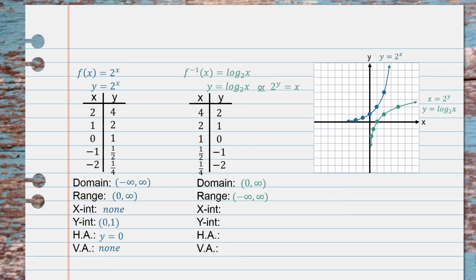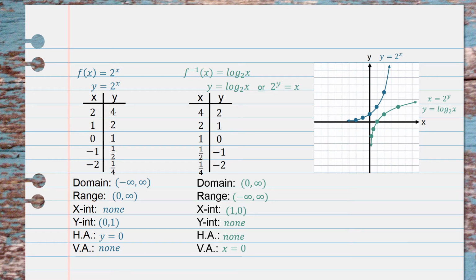The x-intercept, notice the graph does cross the x-axis at 1, 0. The y-intercept, notice the graph does not cross the y-axis, so there is none. As for the horizontal asymptote, there does not happen to be one, so there is none. But a vertical asymptote? Absolutely. There's one at x equals 0.